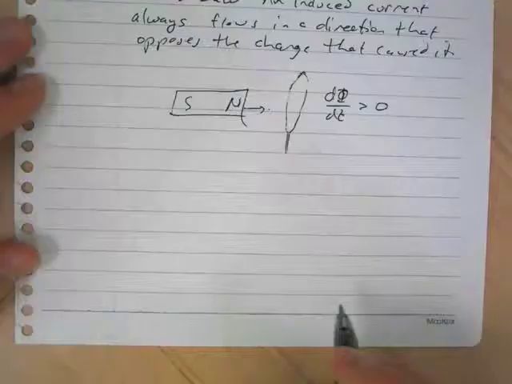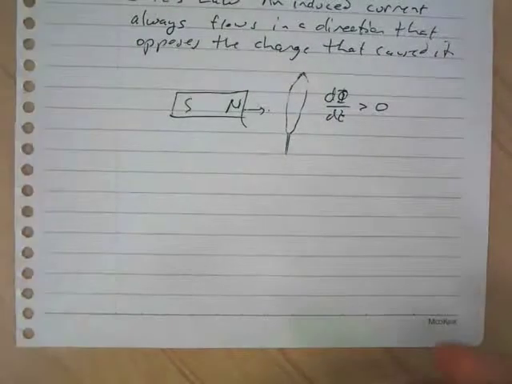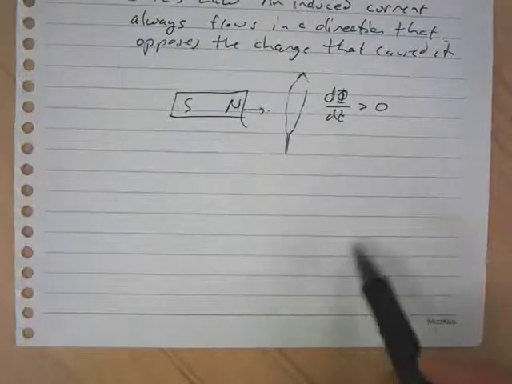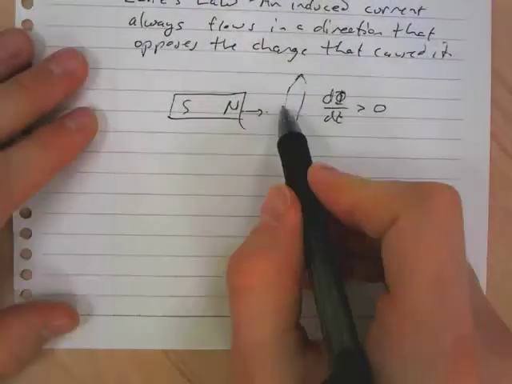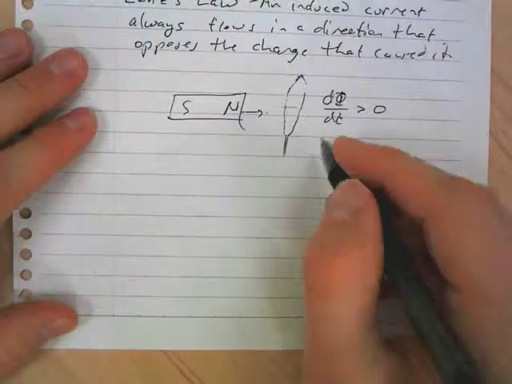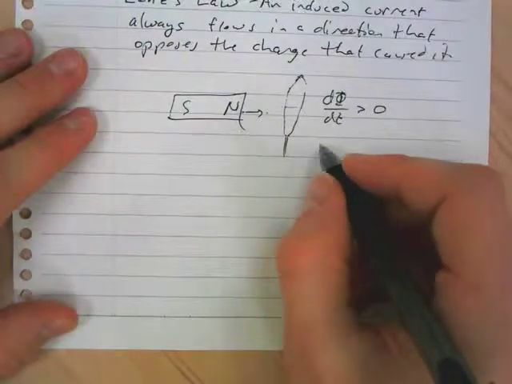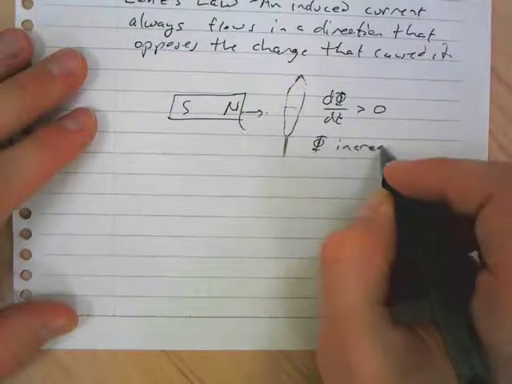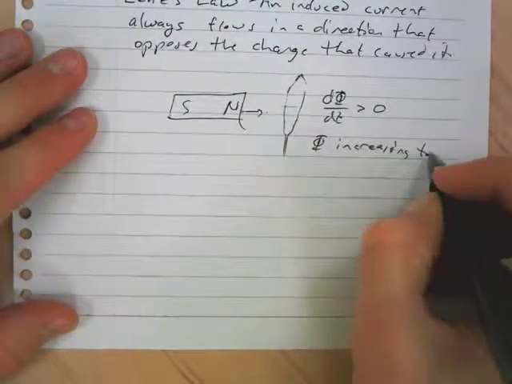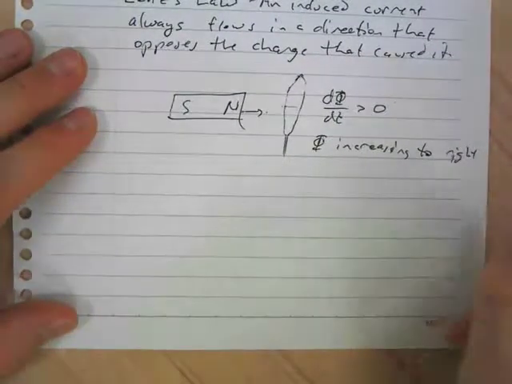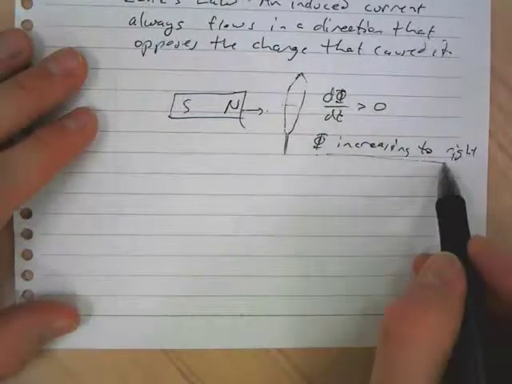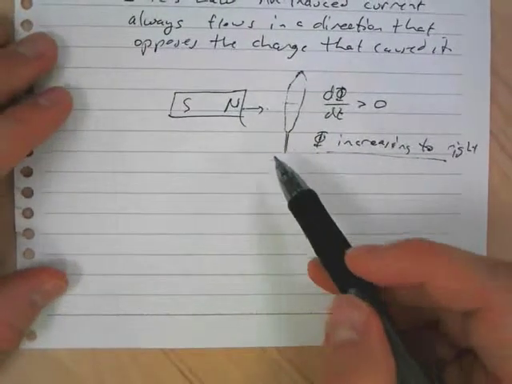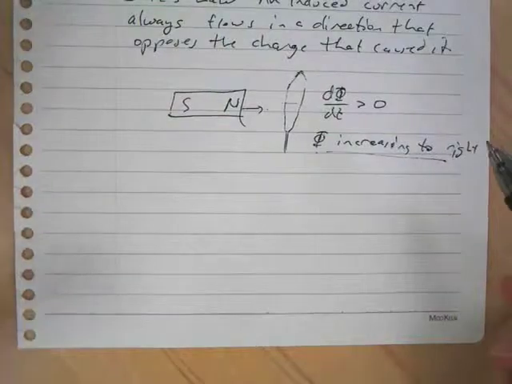The rate of change of the flux is positive, and it's increasing in the direction to the right. So the flux is increasing to the right. Okay? Because it's increasing to the right, the current generated in this loop opposes that change.